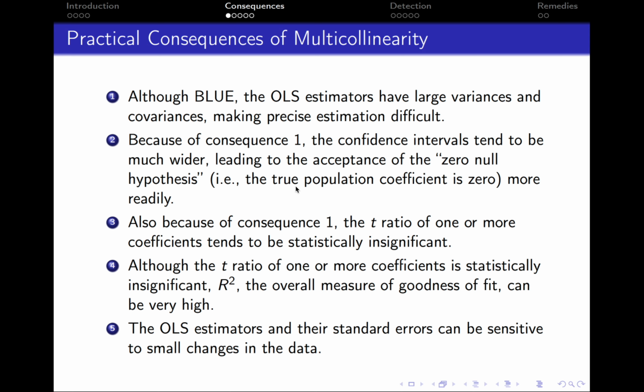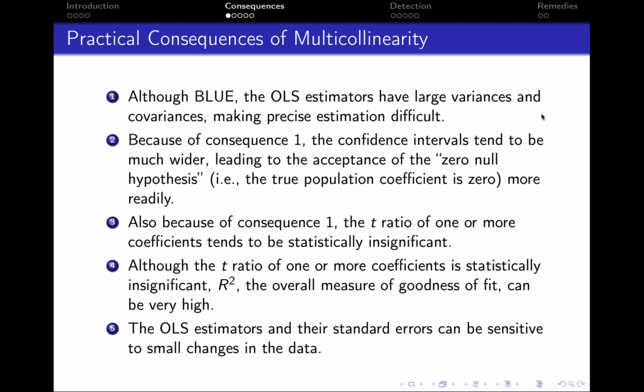So now we know what multicollinearity is and what the potential sources of it are. Now let's discuss the practical consequences of multicollinearity. Even though the OLS estimators are still unbiased, consistent, and efficient, they have large variances and covariances, which makes precise estimation very difficult.